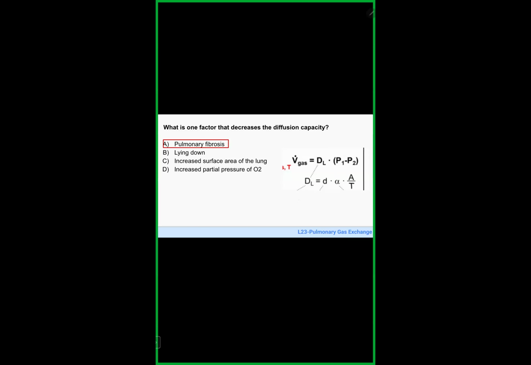It's like a common number. The alpha stands for the solubility of the diffusing gas. A stands for the surface area, and T is for the thickness. And notice that it's in a fraction. So if thickness increases, then the diffusion capacity should decrease.